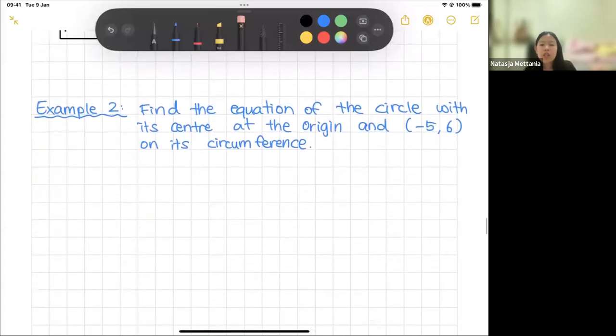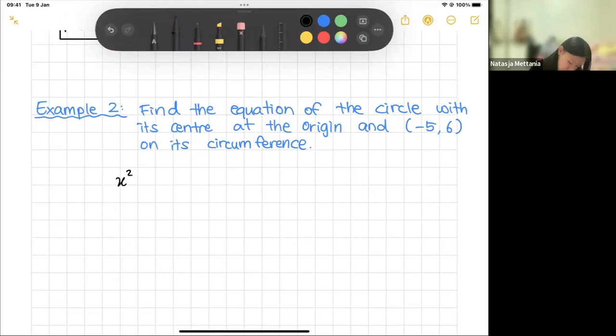Example 2 is find the equation of the circle with its center at the origin and negative 5, 6 on its circumference. So I'm going to rewrite the equation of a circle, which is x squared plus y squared equals r squared. Now I am going to find out my radius so that I can find out my equation.